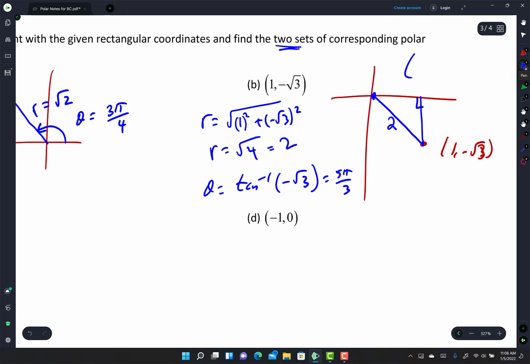So 2 comma 5 pi over 3. Give me another answer. Give me one with a negative 2. Negative 2, negative 2 pi over 3. Positive 2 pi over 3.